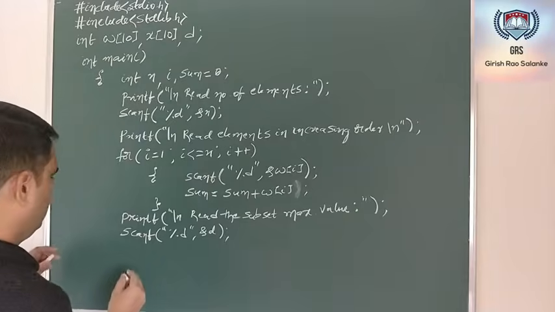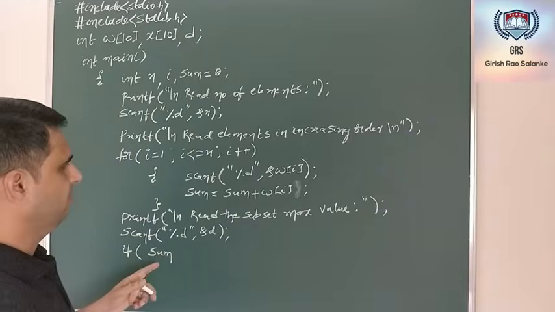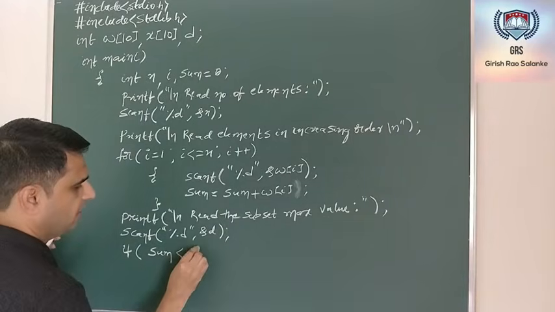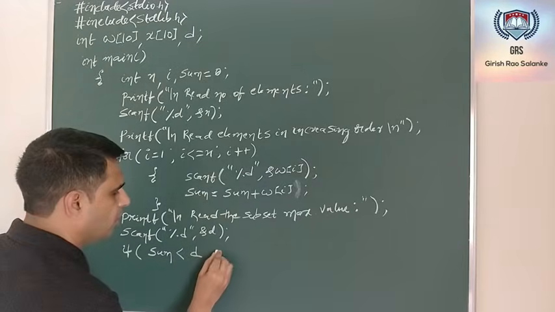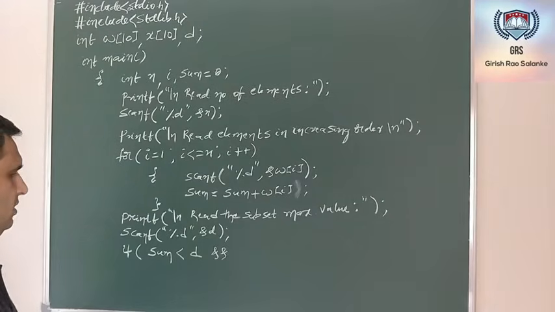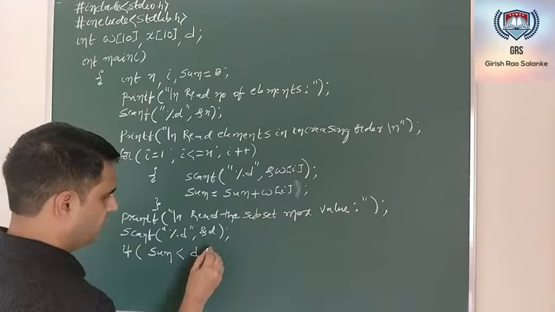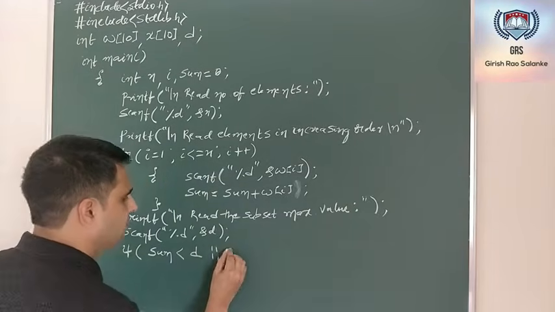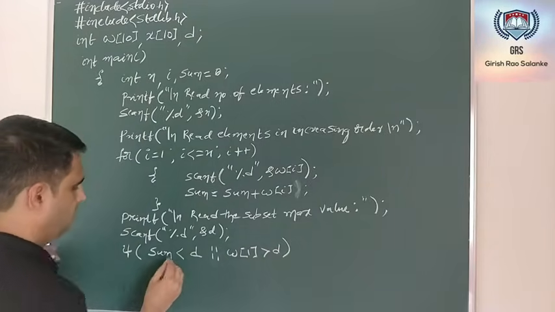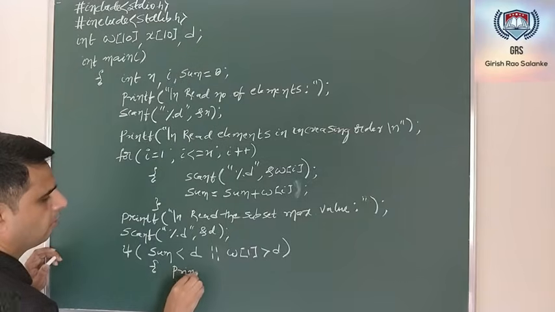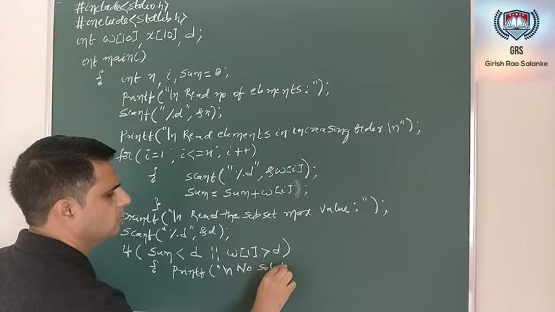Now if the entire sum is less than d, or, I have not used or yet, I will use the or condition, if the weight of the first element itself is greater than d, then printf no solutions.